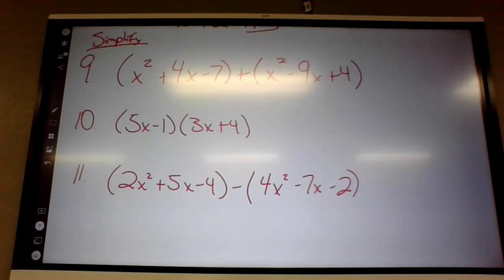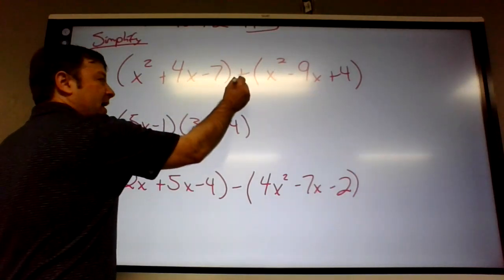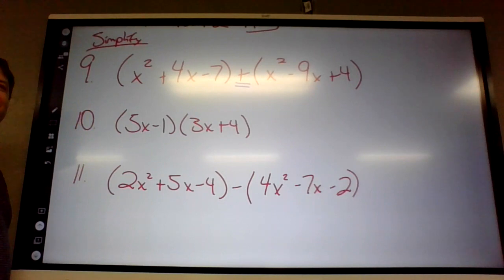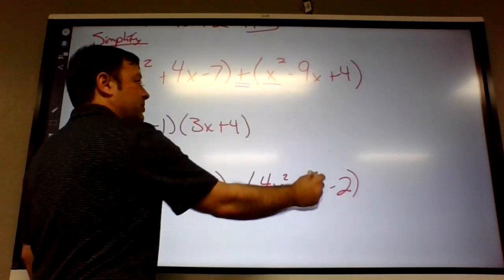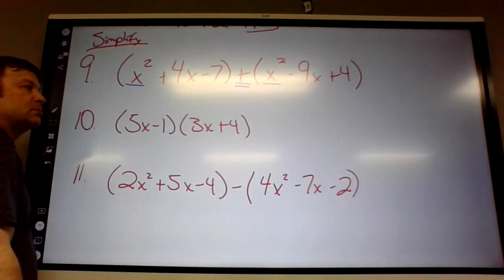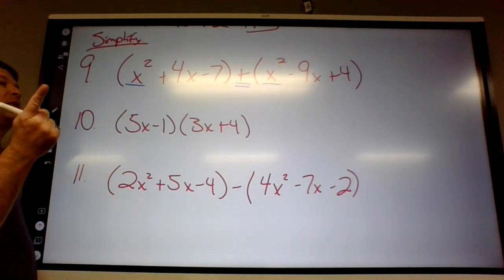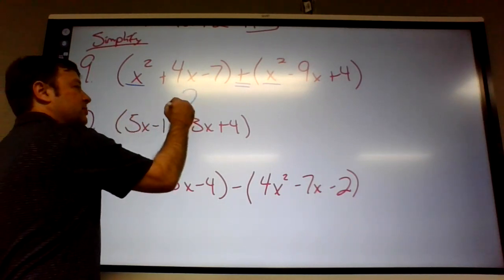Josiah, how about number 9? So it's an adding problem, right? So we can only add like terms. So what is x squared plus x squared? It's like 1x squared plus 1x squared is 2x squared.